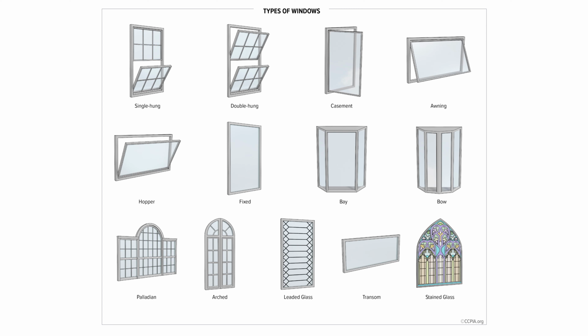We could have a double hung window, which means both sashes move up and down. We could have a casement window, which is hinged on the side. We could have an awning window, which is hinged at the top, or a hopper window that's hinged on the bottom. Then beyond those, we could have bay or bow or stained glass or lead glass.